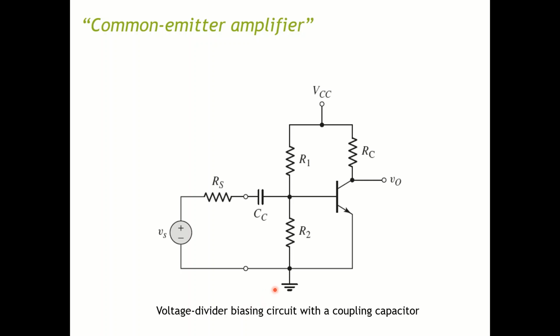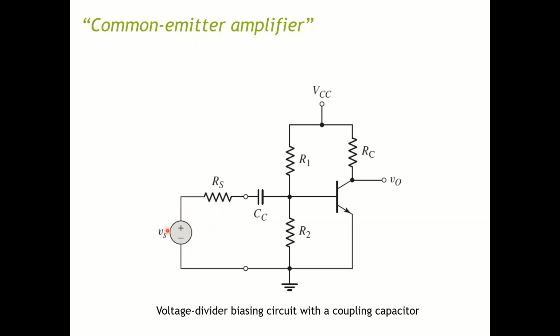So why do you need a coupling capacitor? This coupling capacitor CC is coupled directly into the base of the BJT to provide DC isolation between the amplifier circuit and the signal source.